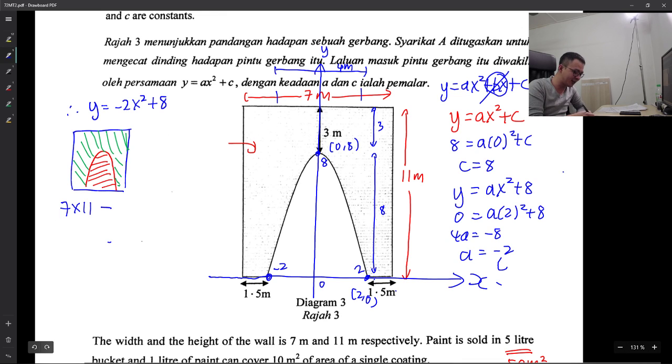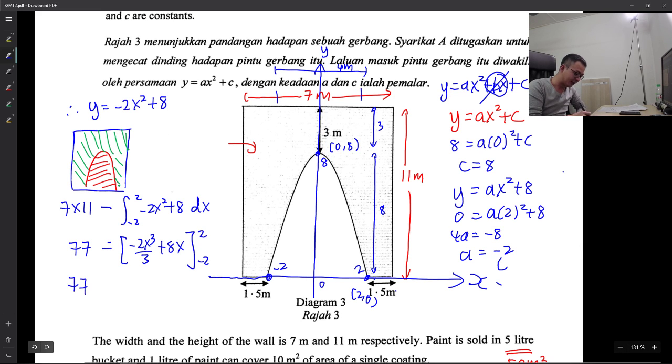Alright, so I will minus the curved area. I will integrate from -2 to 2 my equation, plus 8 dx. So therefore, this one I will get 77. I minus this one. I need to integrate -2x cubed over 3 plus 8x. This is -2 and 2.